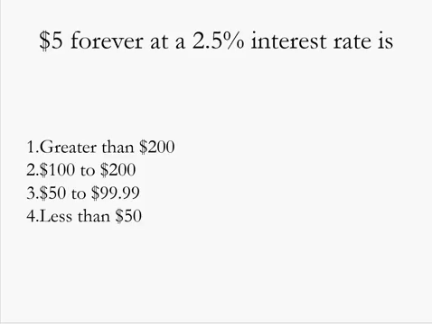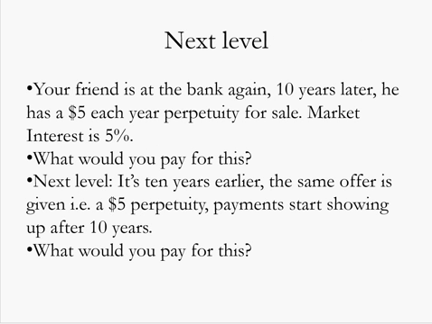So now, let's go back and do some Bob problems and take this to the next level. Now we know that if Bob offers us a payment every year for forever, we can find the value. We've got our situation here where 10 years have passed, and he's offering a $5 perpetuity.